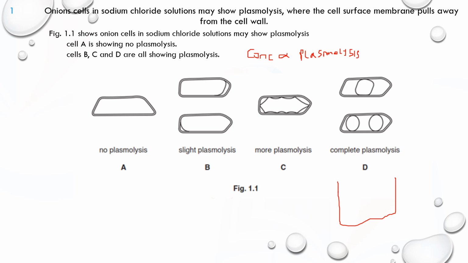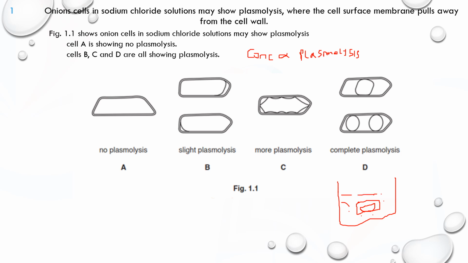Put the cell here, from a tissue. All right, this is the solution. We submerge this cell inside the solution. Don't forget that we're submerging this cell inside this solution.